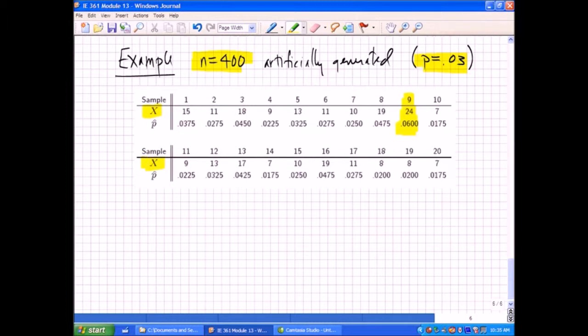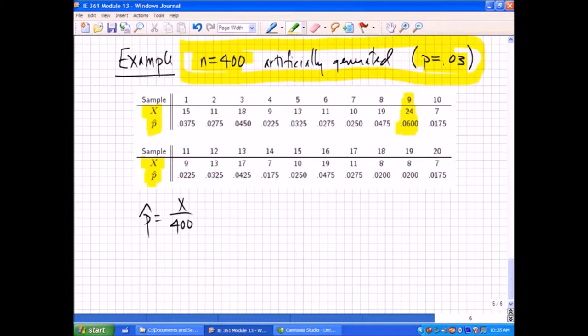The p hat rows are, of course, the x's over 400. Now, the question is, if I was faced with this sequence of values p hat, and I had this as my process standard, I knew that in the past the process had turned out 3% non-conforming.